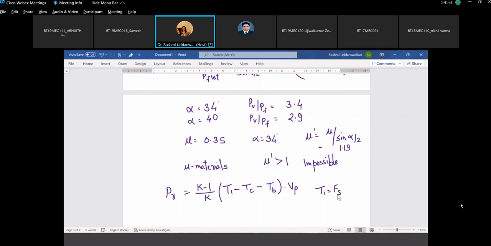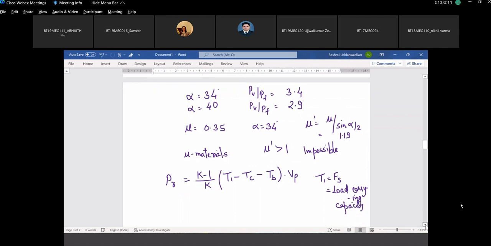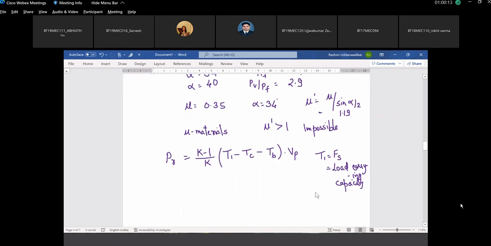So T1, the belt tension, is responsible for the load carrying capacity. FC or TC. In other books, you would see TC as FC, the centrifugal tension or the centrifugal force.